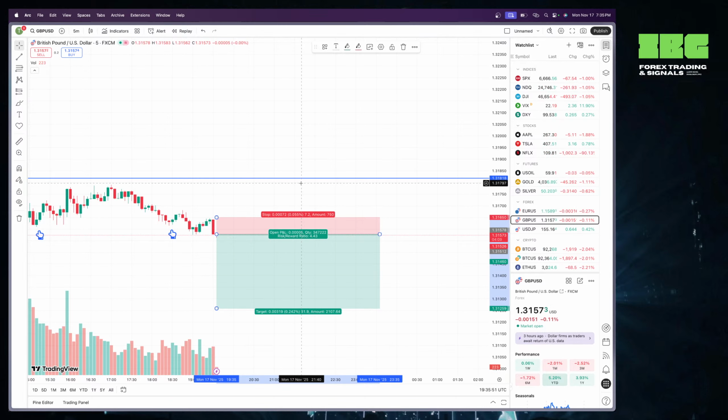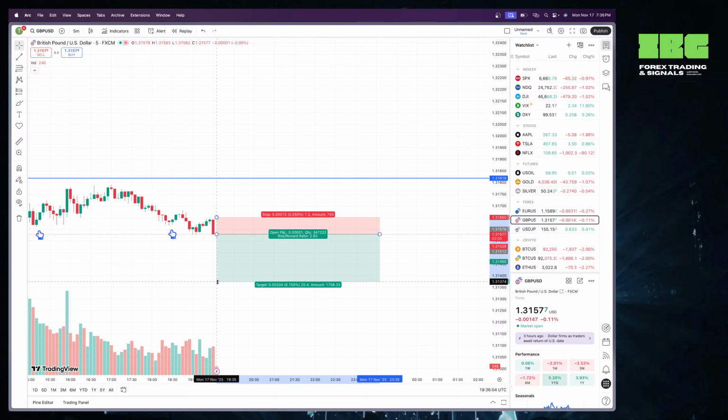I'm having a $10,000 account, so I'm just going to do something like this. This is my stop loss, and you can see the amount, 750. And in my take profit, I'm going to come to a region around here, which is 1,788. So this is my loss, this is my profit.